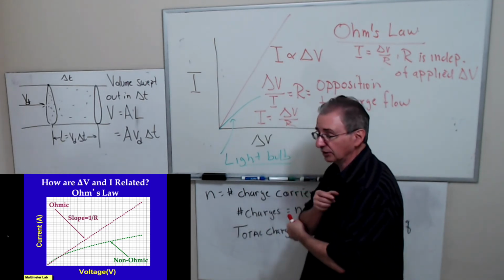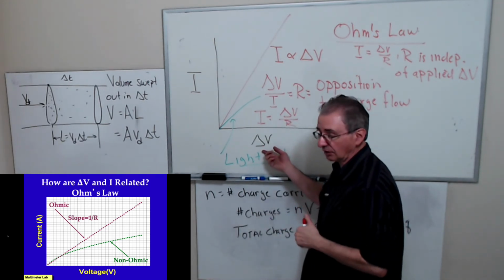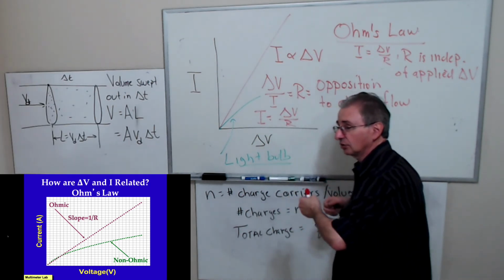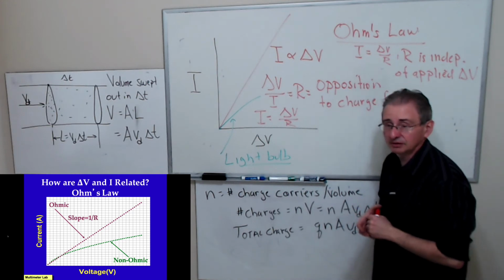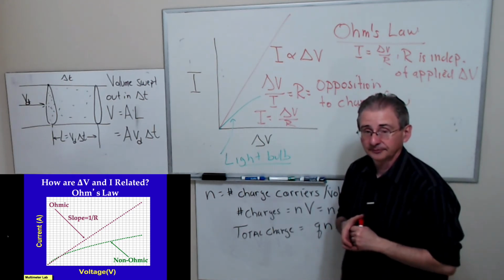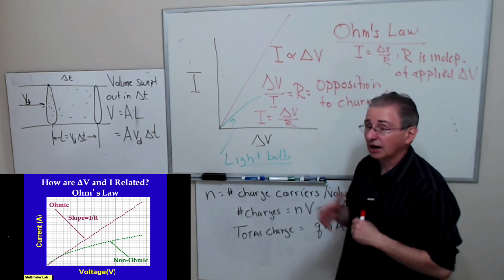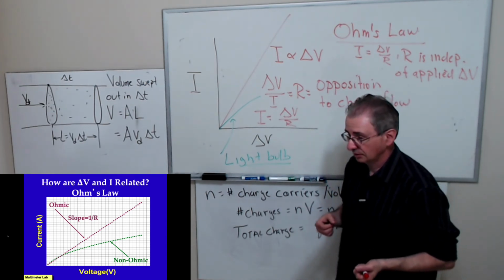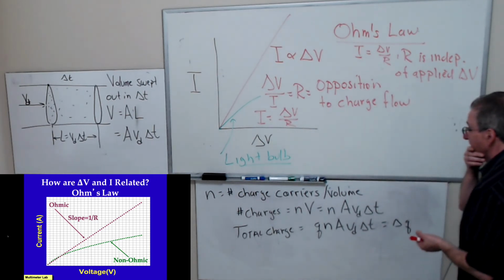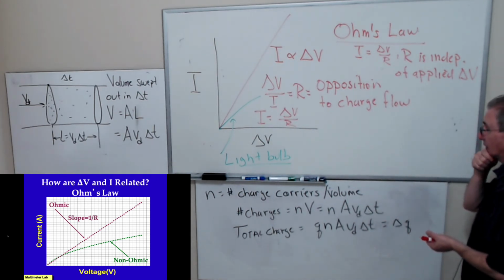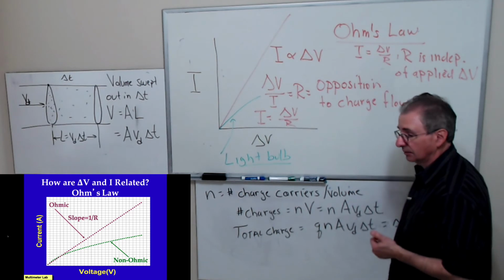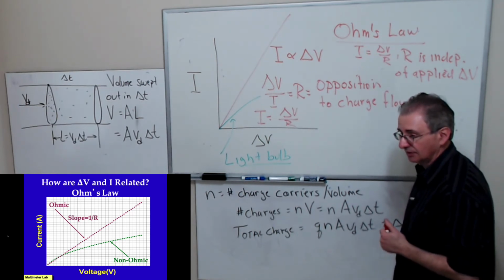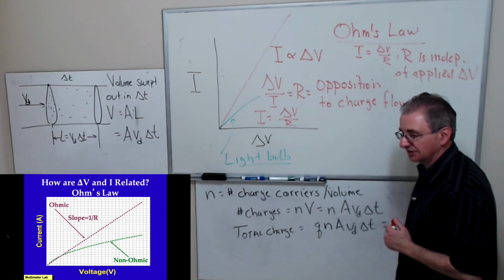If you take a material and you put too big a voltage across it, then it's going to start to heat up and R is going to change. Okay? Questions? Concerns? Okay.